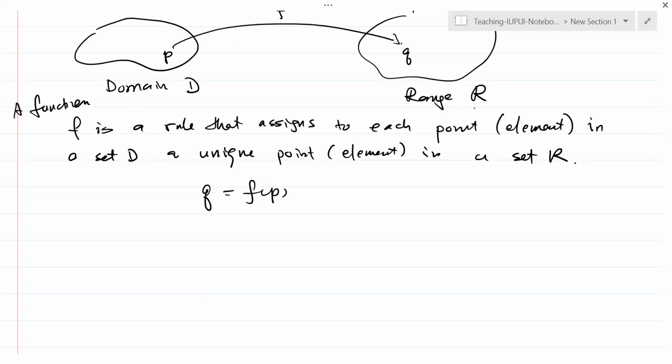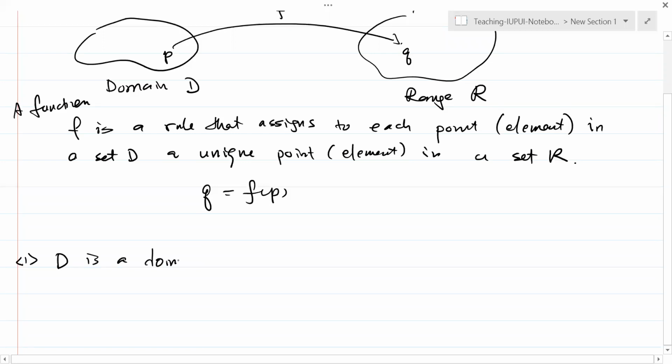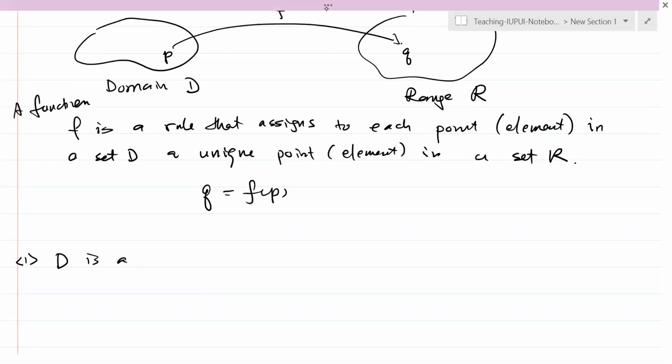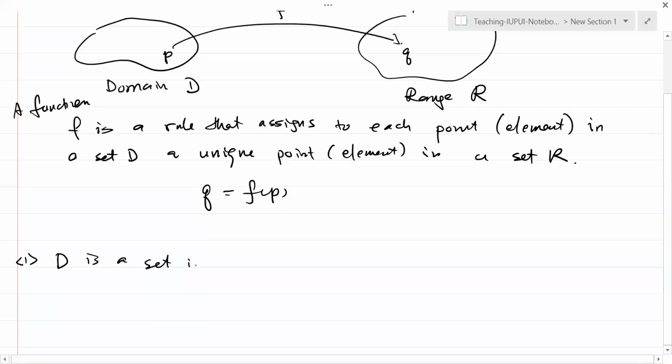Now this course is called calculus 3, and today we're going to look at a case where D, the domain, is a set in R2, and R is a set in R1.